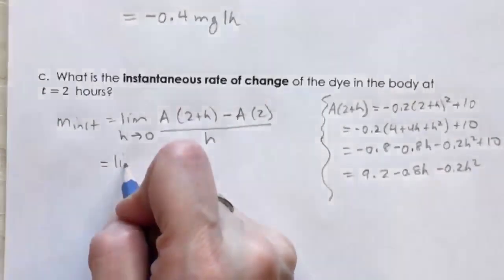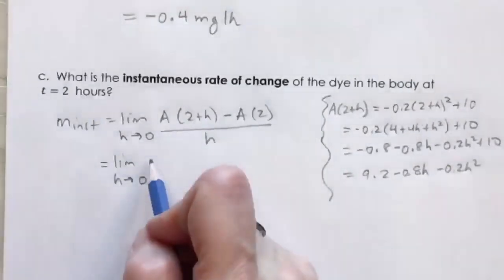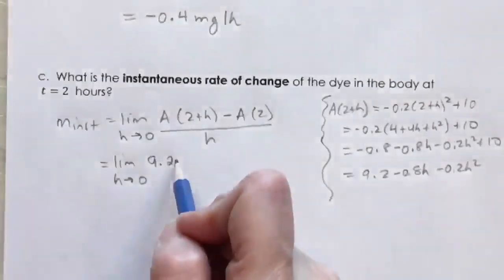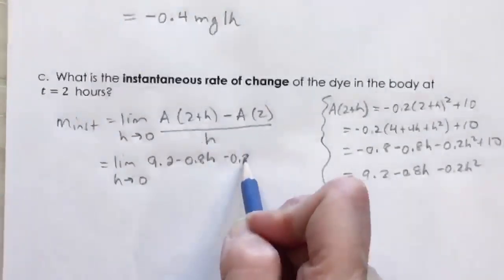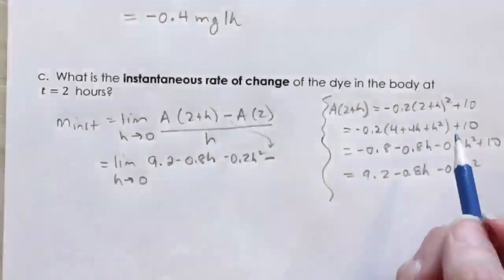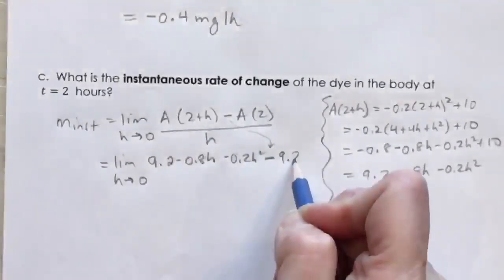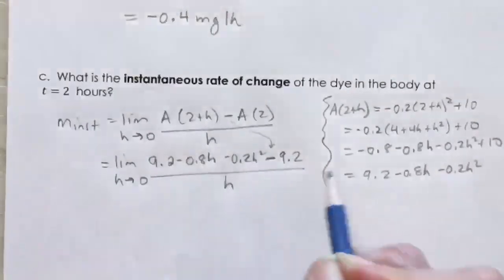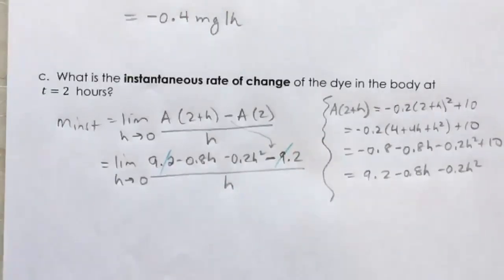So it's going to be the limit as h approaches 0 of A(2 + h), which was 9.2 - 0.8h - 0.2h², then subtract A(2), which was 9.2, over h. 0 over 0 on top here.